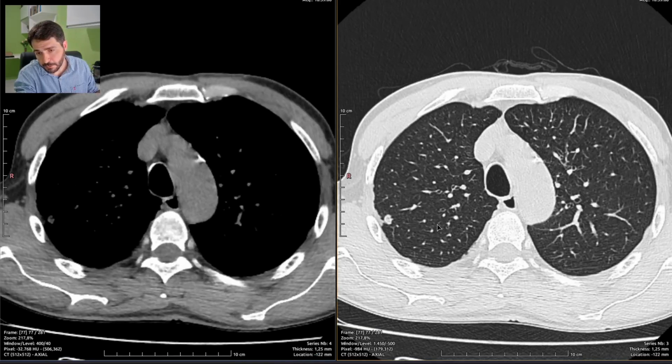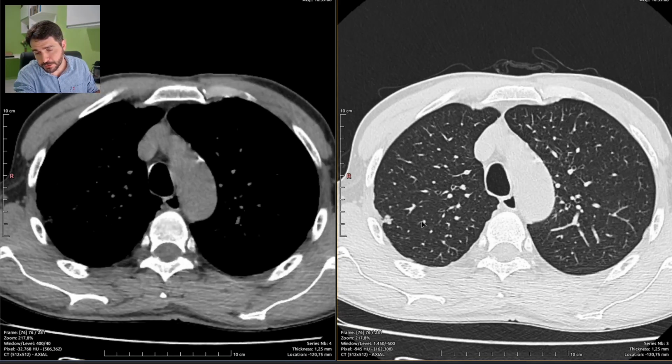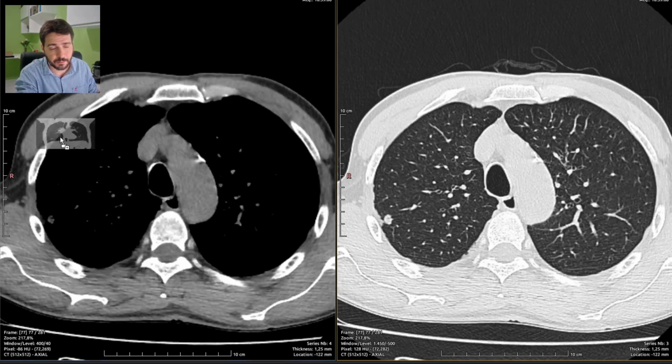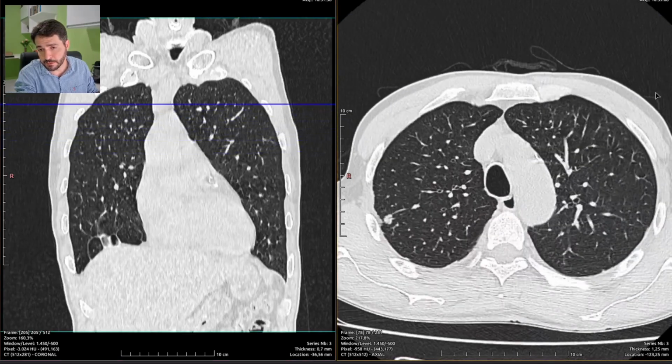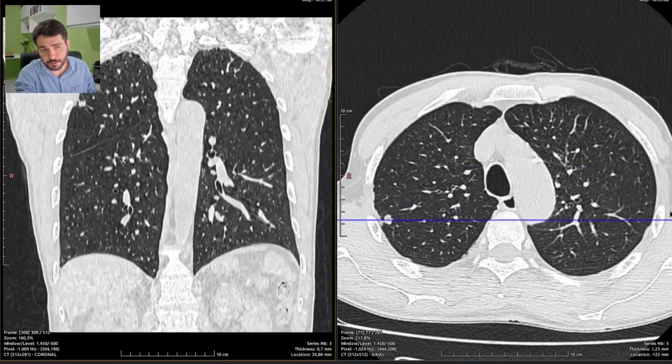Take a closer look. It has irregular margins and is non-calcified. Let's look at it on the coronal plane to see if it's discoid in shape or round in shape.